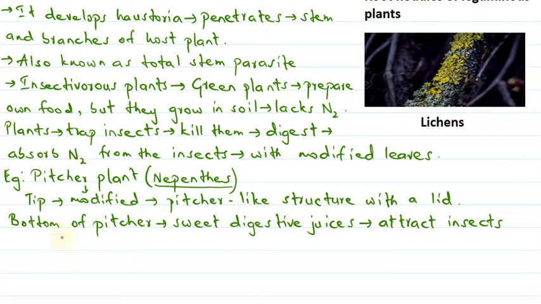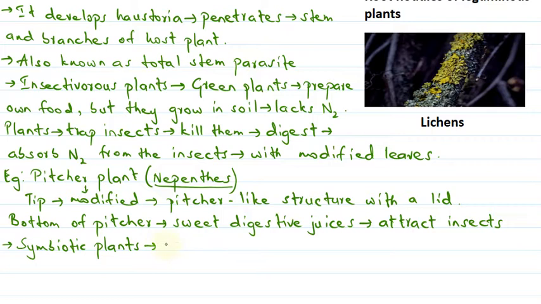So this is about insectivorous plants. The next type of heterotrophic plants are symbiotic plants. So let's see what happens here. In case of symbiotic plants, this is another heterotrophic mode of nutrition.